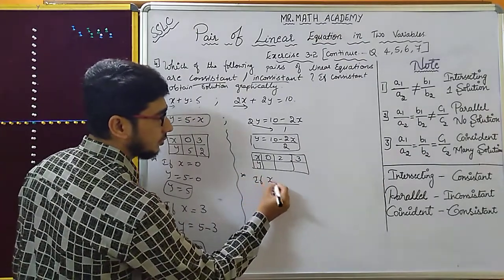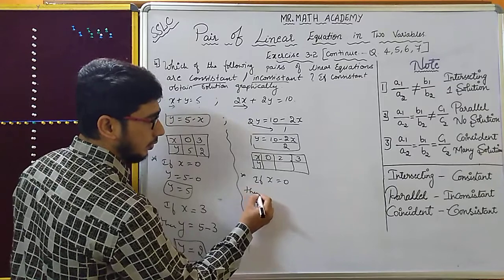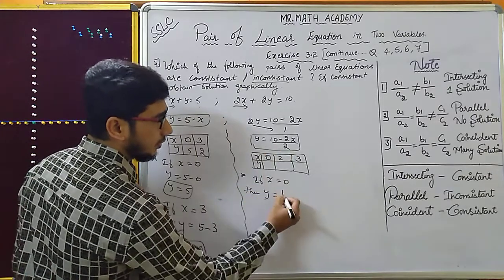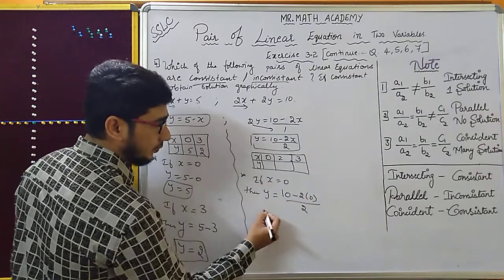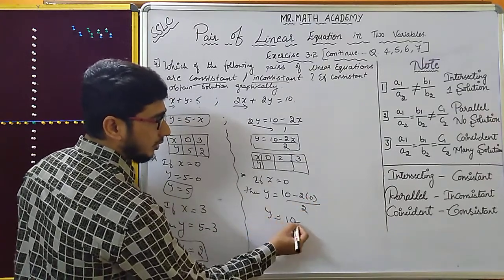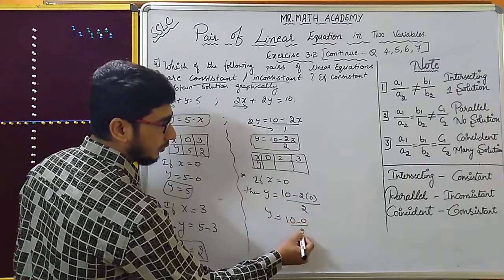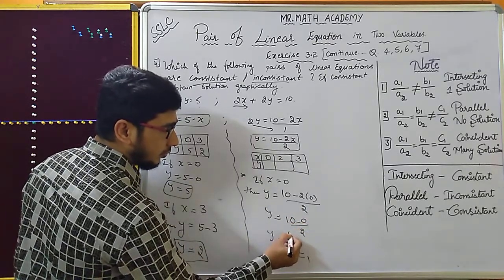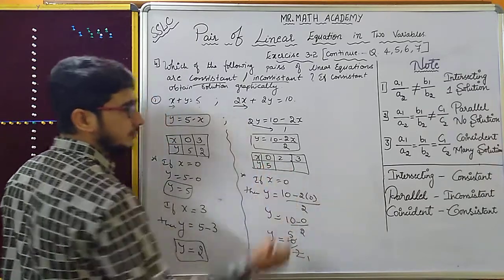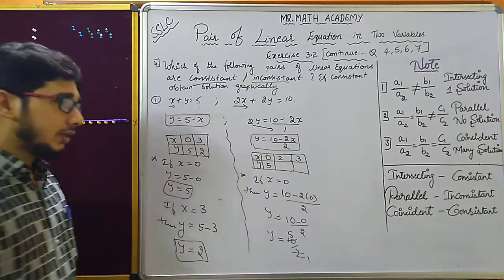If x is equal to 0, then y is equal to 10 minus 2 into 0, by 2. 10 minus 2 into 0 is 0, so y is equal to 10 by 2. 2 1s are 2, 5s are 10. So it will become 5.